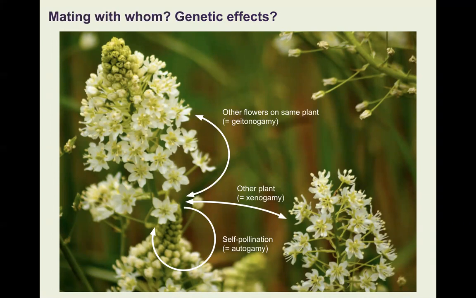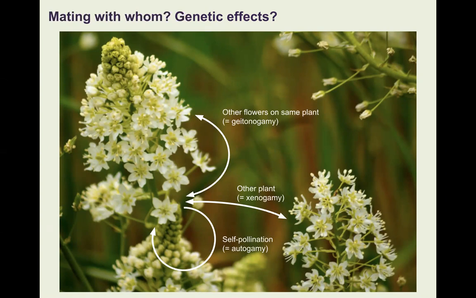So they would produce pollen grains, regardless of the flower. The pollen grains produced by one plant are genetically from the same pool of genetic information. The ovules produced by that plant are from the same pool of genetic information. And so here's one of these other terms again. Geitonogamy is a term for pollination that involves transferring pollen between flowers that are on the same plant.